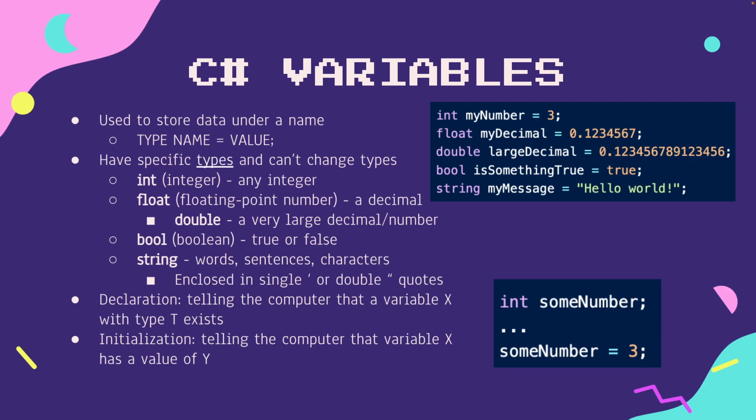Then initialization is the part where you actually tell it what value it has. At the top we have both declaration and initialization in one statement, but you can split it up into two, which is super useful for classes and what we have in our code, where you say one thing and then you use it and set it later, right? Any questions on this? Okay.